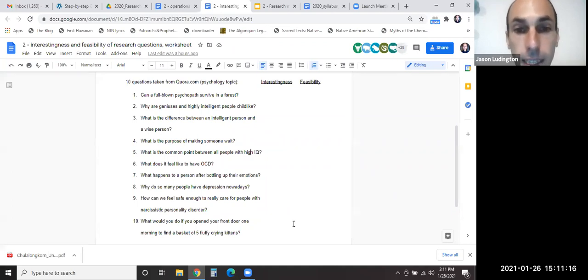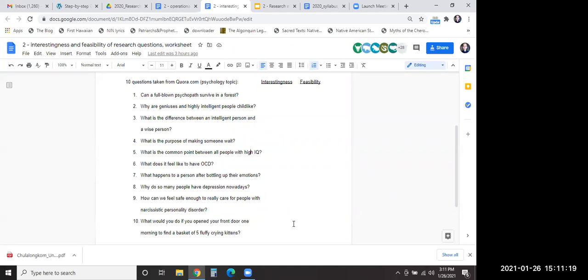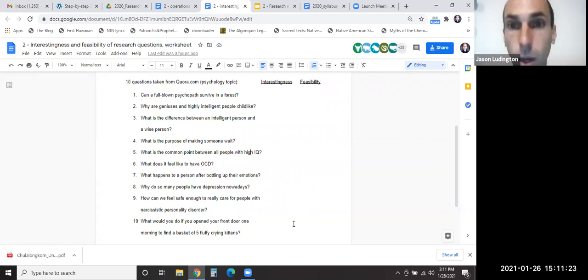So we have an answer already, which means there isn't really much left to research. So we give it lower interestingness. Yeah. Even though it's interesting to a lot of people, from a researcher's standpoint, we'd have to evaluate it lower on the interestingness scale.